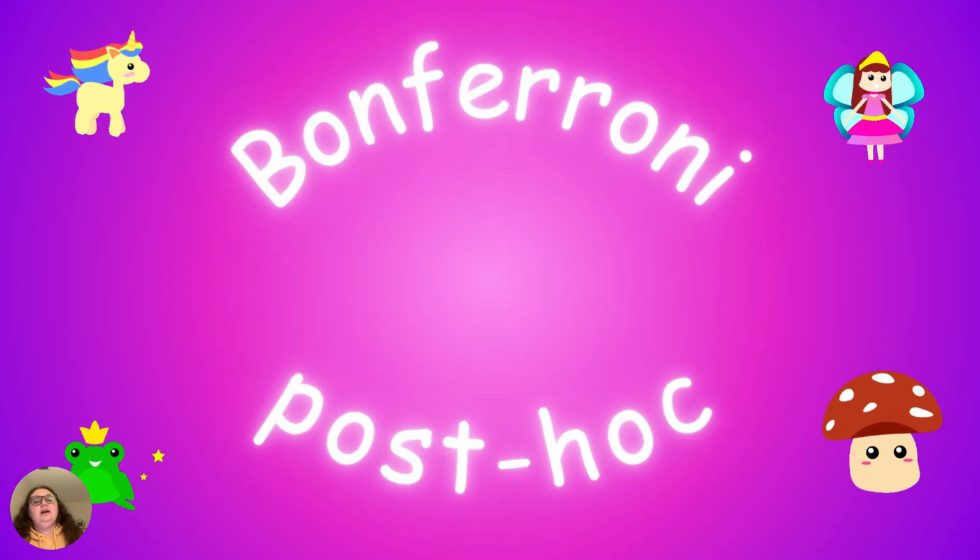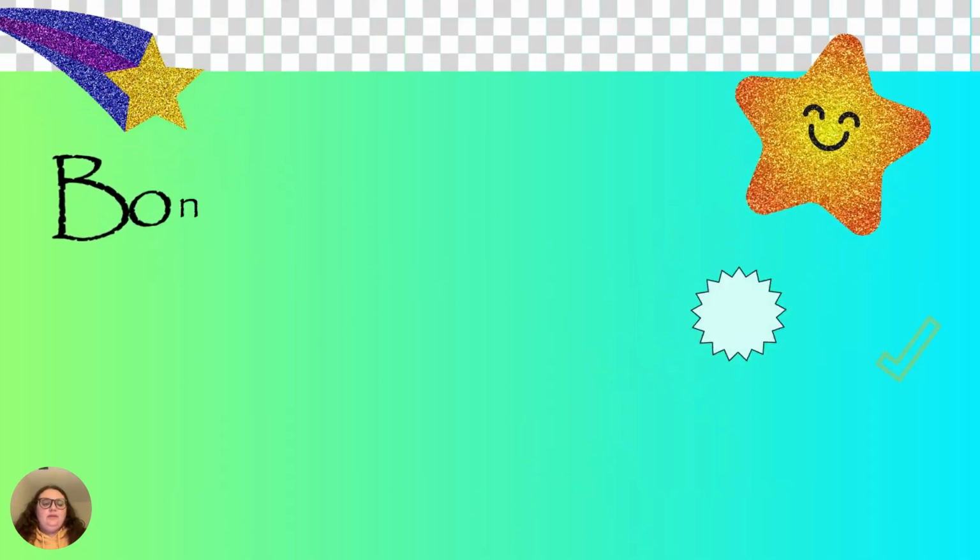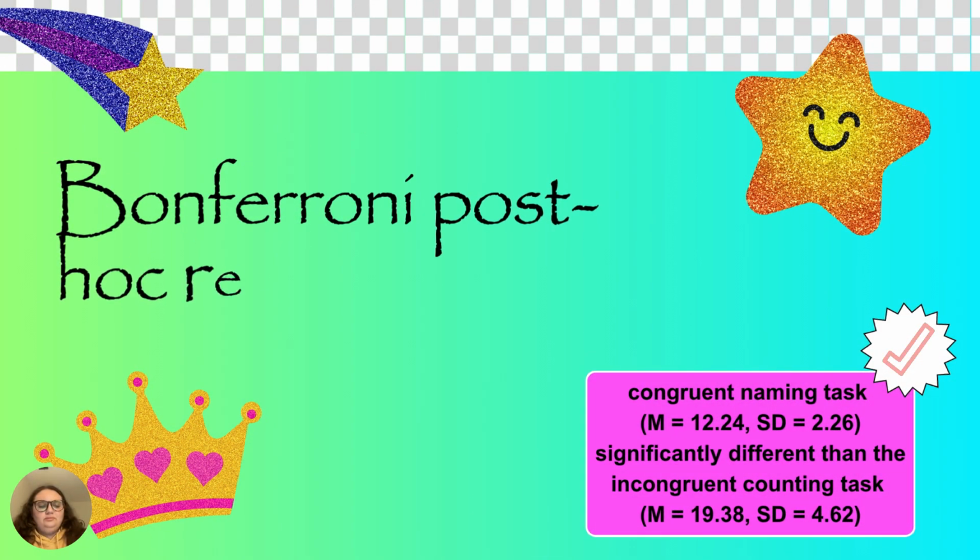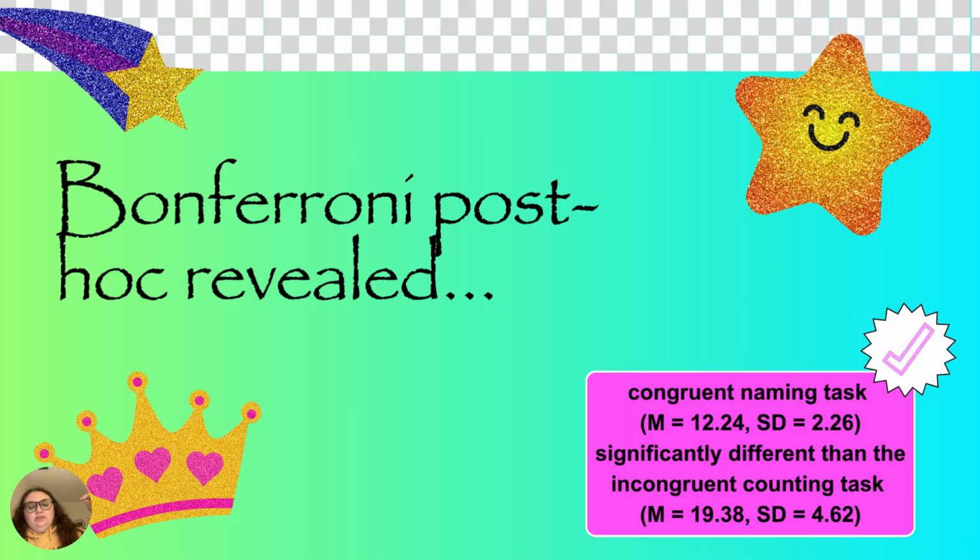Bonferroni post hoc time. The Bonferroni post hoc revealed that the congruent naming task, which had a mean of 12.24 and a standard deviation of 2.26, so standard deviation means it could be as much as 2.26 above 12.24 or as low as 2.26 below 12.24.